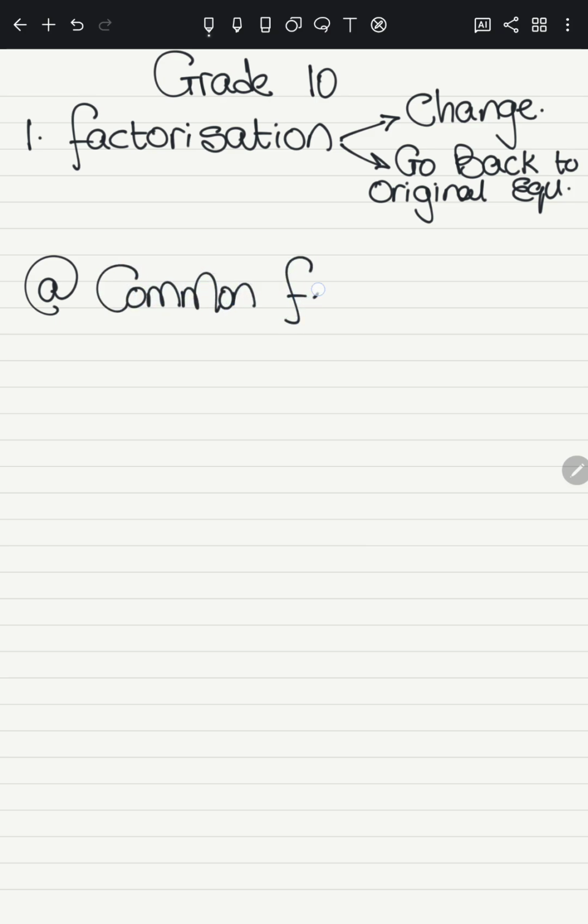The common factor. Whenever you are given any question in mathematics, you have to consider the common factor. This is the most fundamental or important concept in mathematics. Before you talk about any other thing, you have to ask yourself, do I have something that is common? Something becomes common if we have the same base.